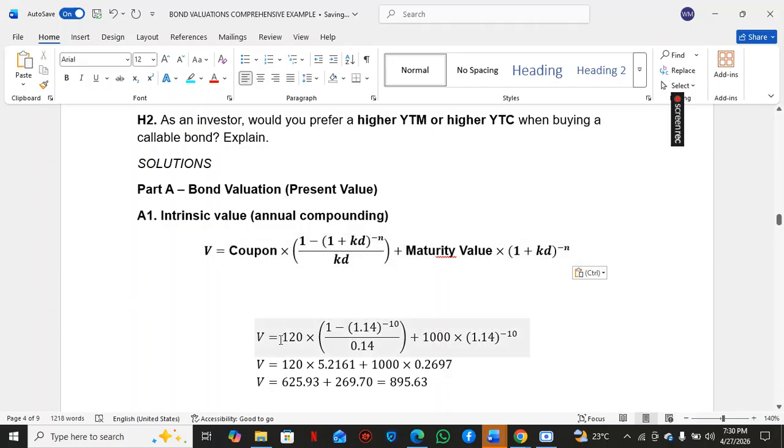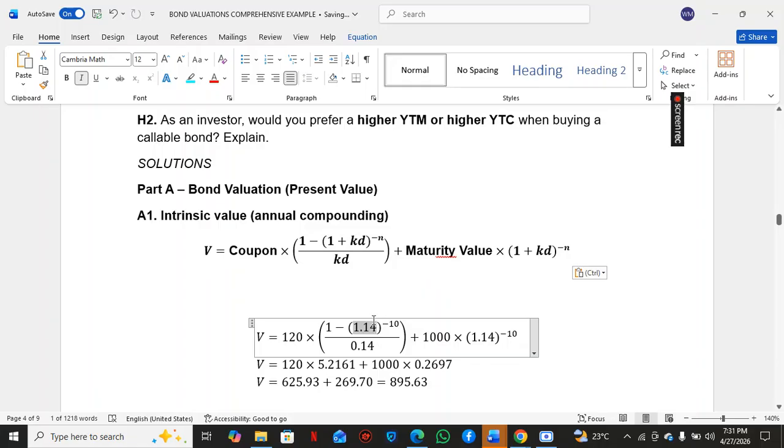So here the coupon is 120, and the discount rate is 1 plus 14%, which we convert into a decimal, so it's 0.14. That's how I got 1.14. I converted the percentage into a decimal.